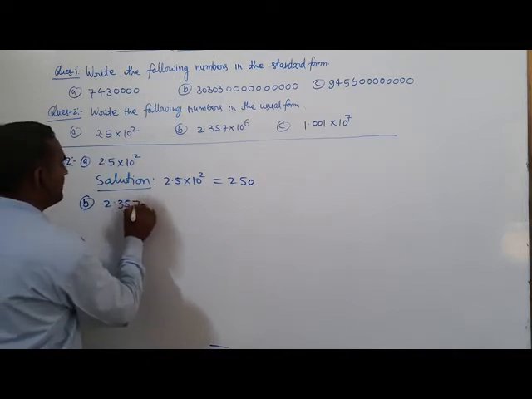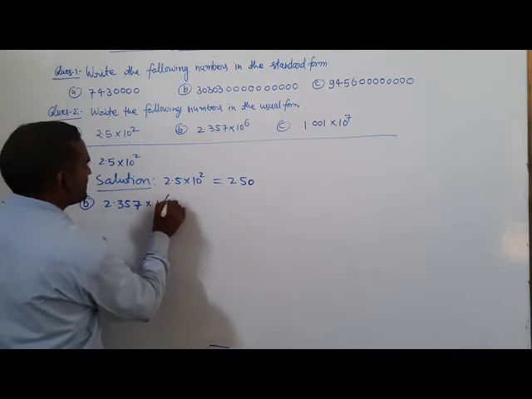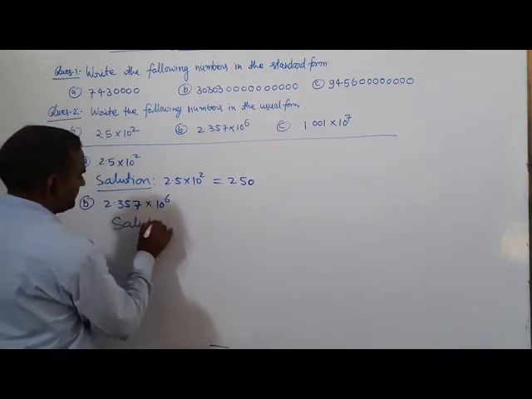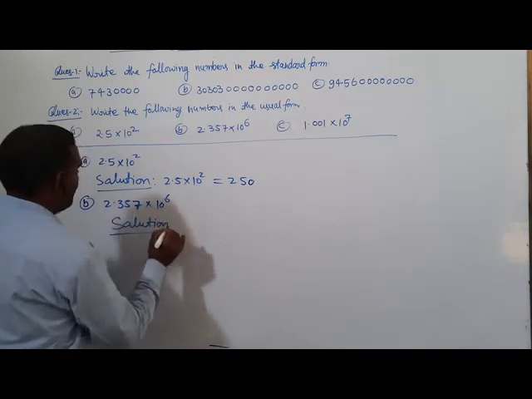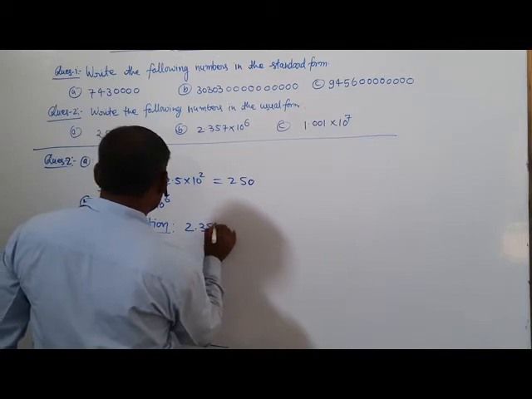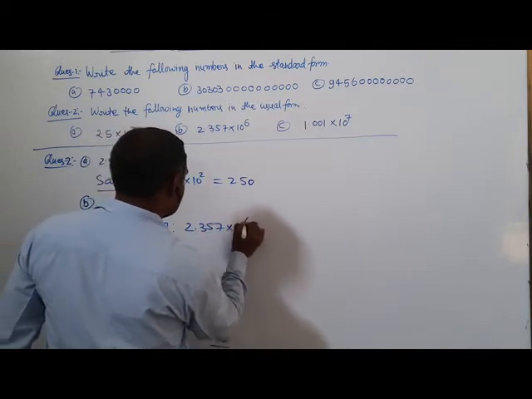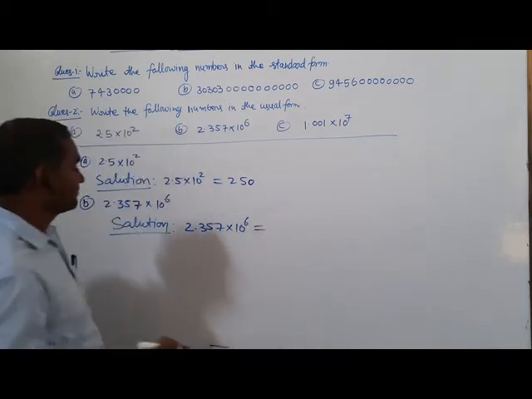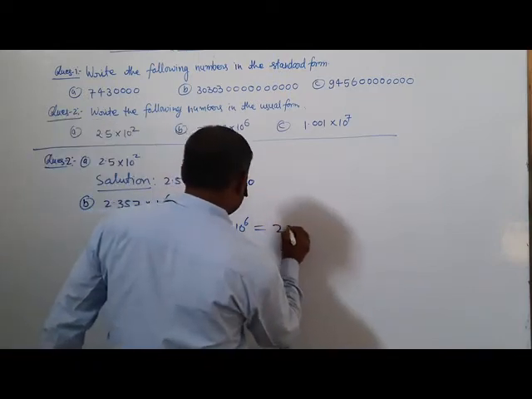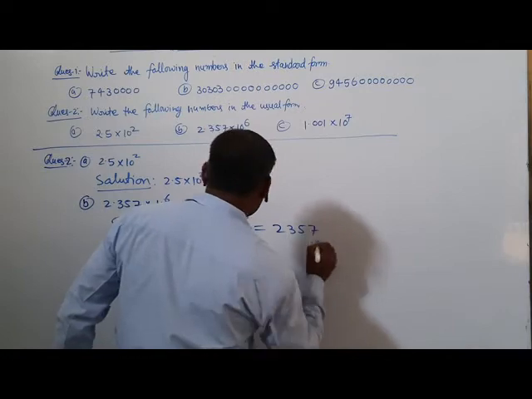Option B: 2.357 into 10 raised to the power 6. Solution: write 2357.